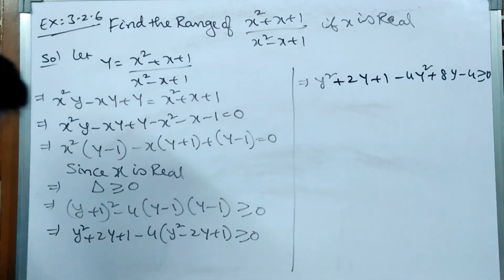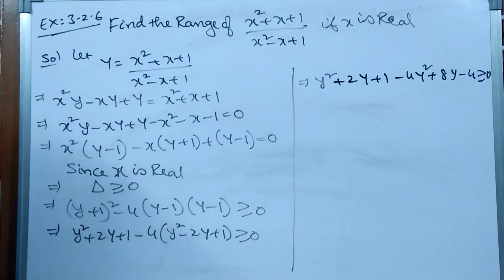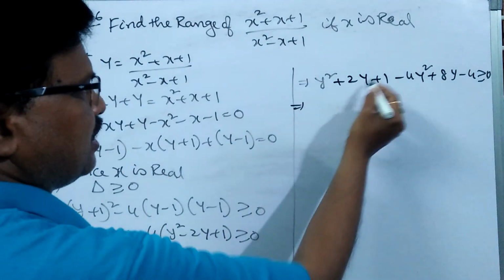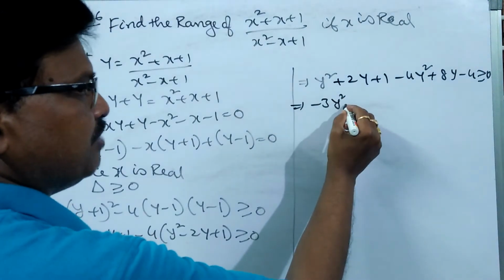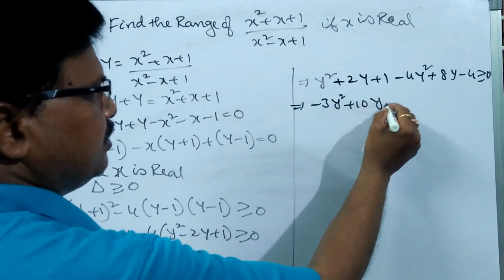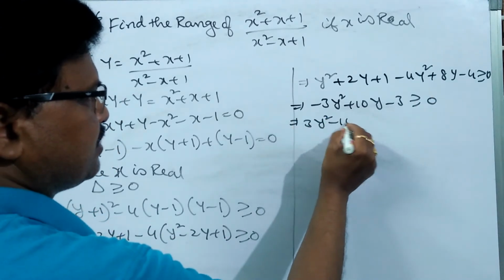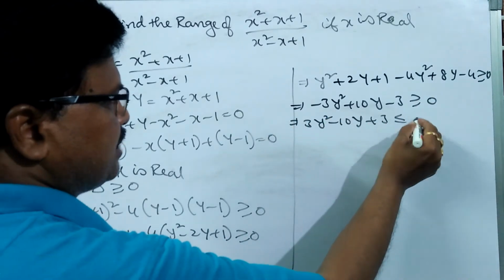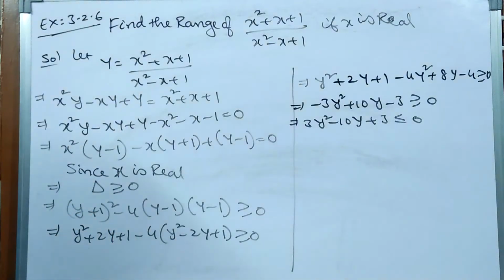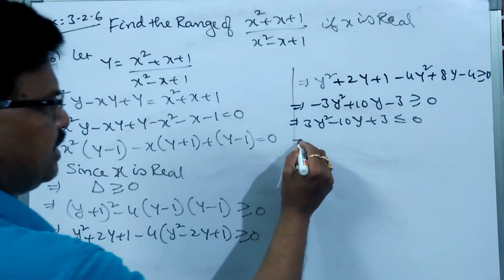Now this implies y square minus 4y square, minus 3y square plus 10y minus 3 greater than or equal to 0. Multiply with minus sign, 3y square minus 10y plus 3 less than or equal to 0. If you multiply with minus sign, inequality sign changes.